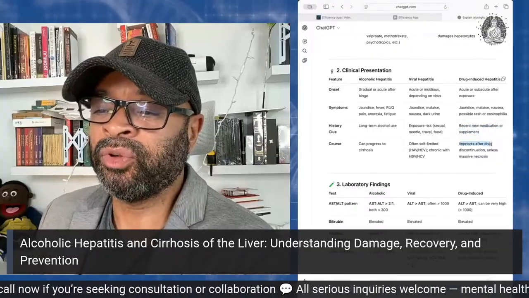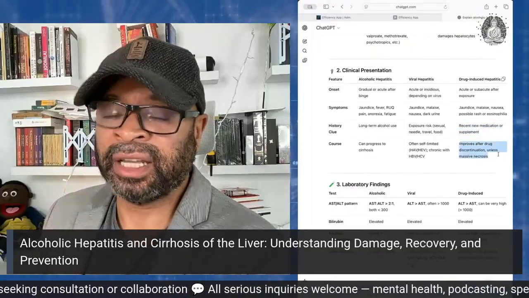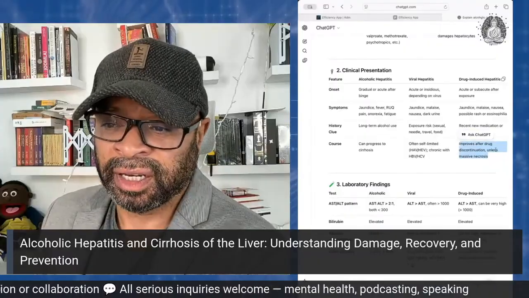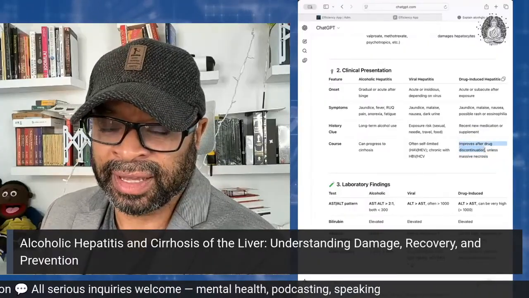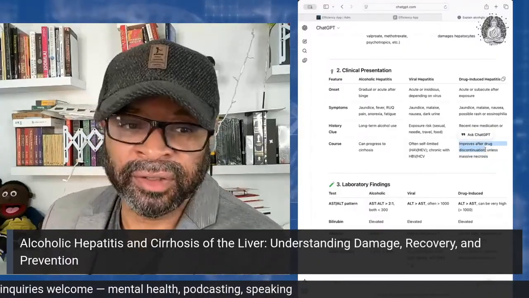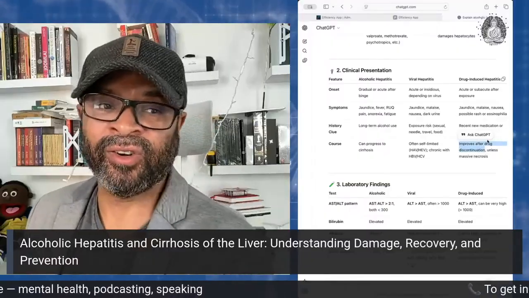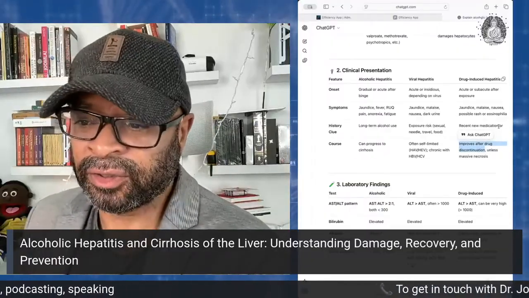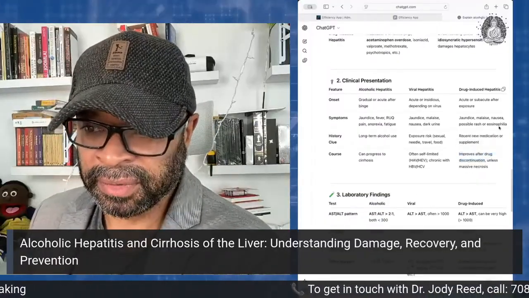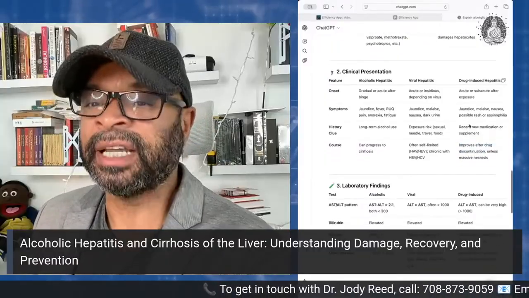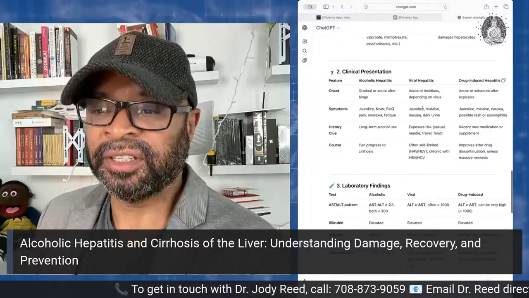Of course, it improves after drug discontinuation unless there is massive necrosis. So we want to do things like activated charcoal to treat them. And that's drug-induced hepatitis. You can see the difference between them.